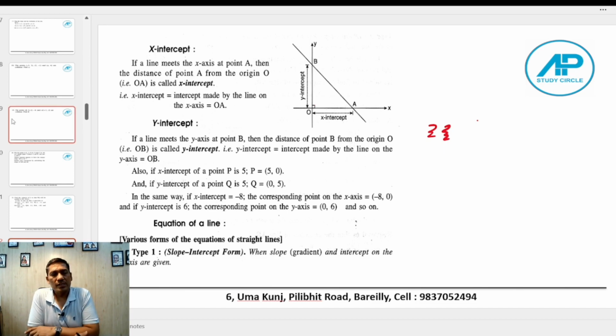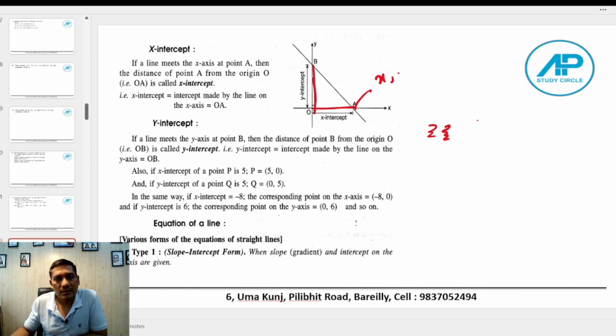Let us look at this diagram carefully. X and y axis as usual given to us. You can see that this line is intersecting the y axis and x axis at 2 points, at point A and at point B. Point A is x comma 0 and point B is 0 comma y.